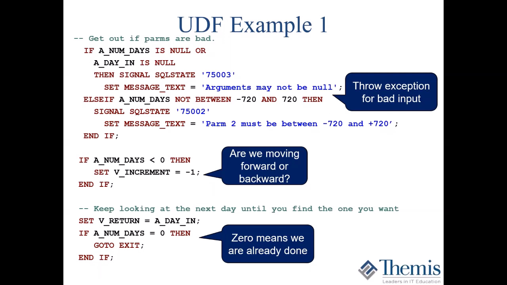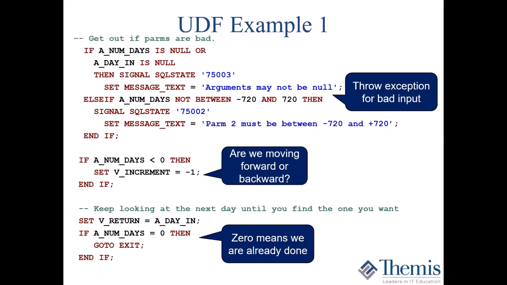There's no way to specify on a SQL PL UDF anyway that an argument doesn't allow nulls. So it would be perfectly okay from a SQL coding perspective for them to send me a null. But what I'm saying here is this UDF doesn't accept them. If you send me a null in either one of those arguments, it is going to signal SQL state 75003, an error handling statement that just says make this error happen.